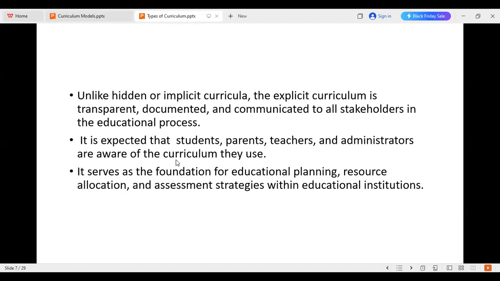It serves as the foundation for educational planning, resource allocation, and assessment strategies. Yeah. One example I can give. Now we have new information technology. In order to teach information technology, we need computers.